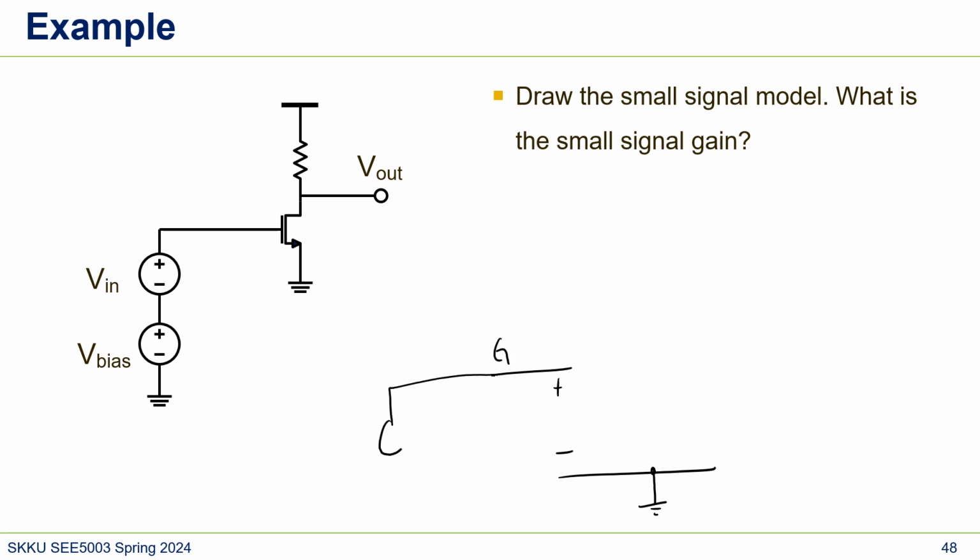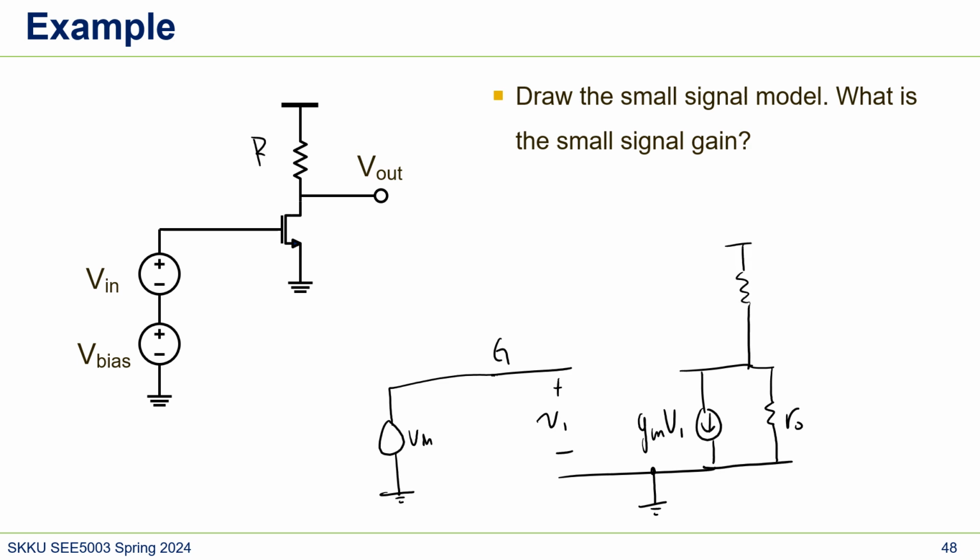And so here is vin, and here was gm v1, and we also see R0 and here let's say RD, and then this is V out.